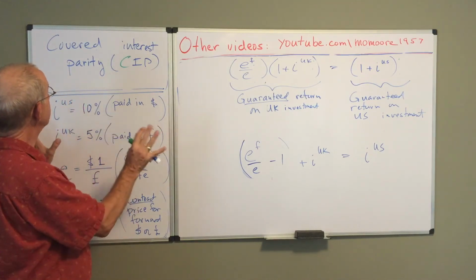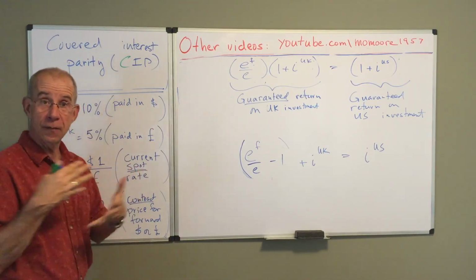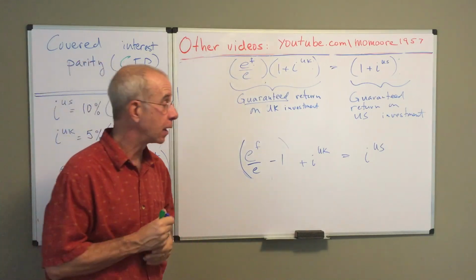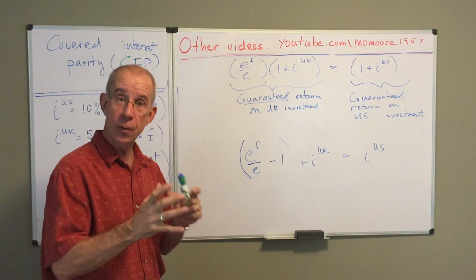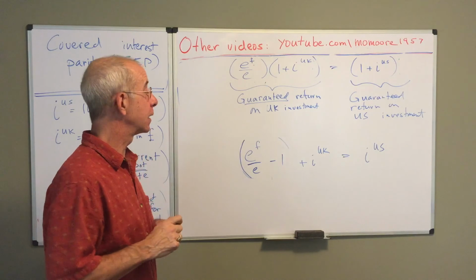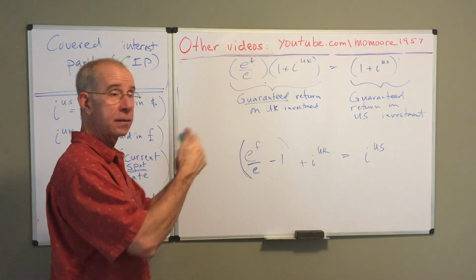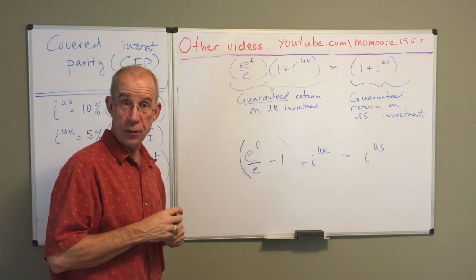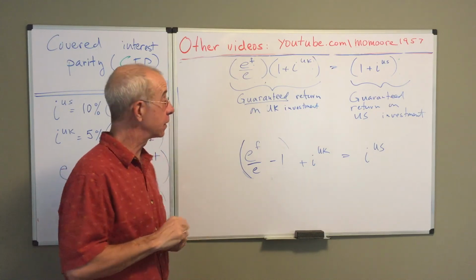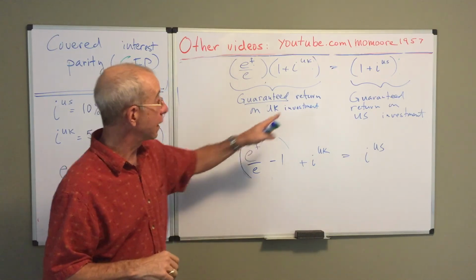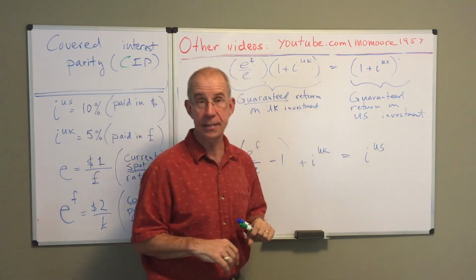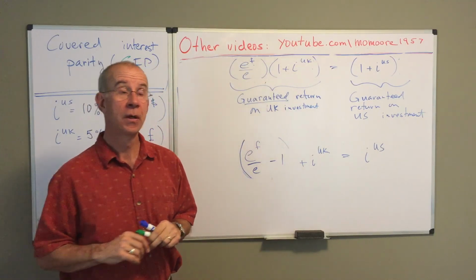Okay, so this is covered interest parity, again, linking financial markets across borders. Interest rates are very much linked, and both the current exchange rate, the spot market, and the forward market play an important role in equating these asset returns.